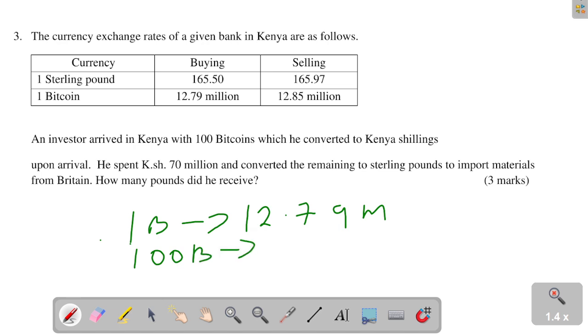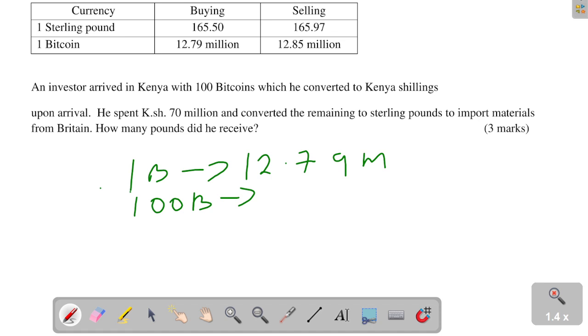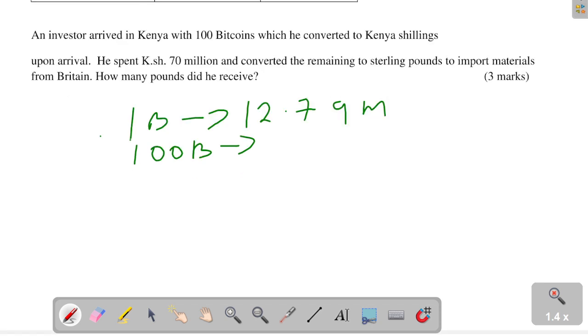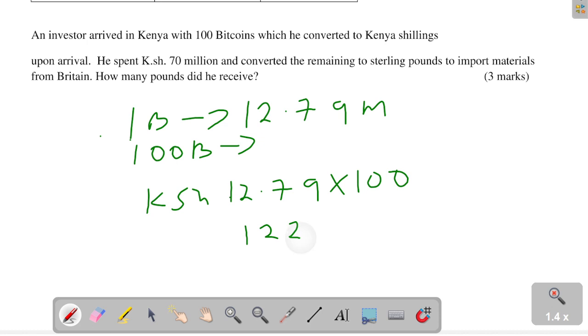So 100 Bitcoins now, class, are going to give us simply these Kenyan shillings at 12.79. You multiply by 100, and that is going to give us 1,279 million.